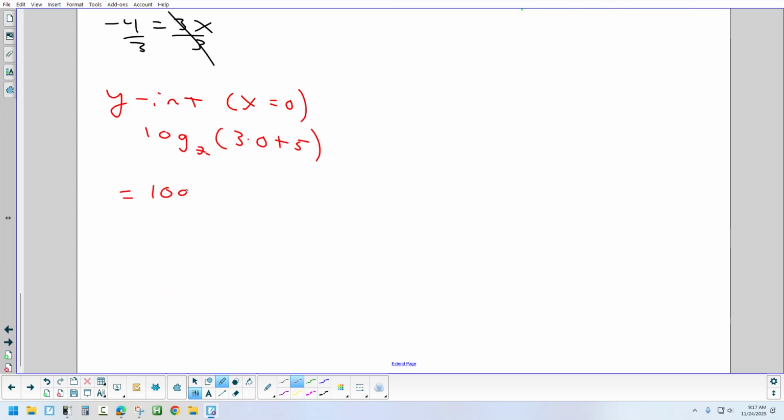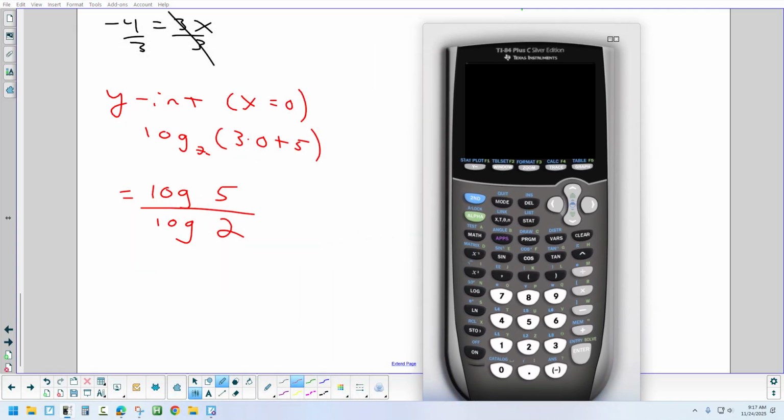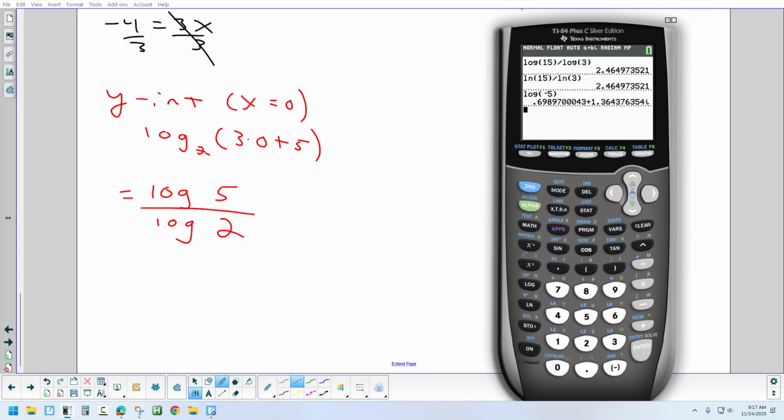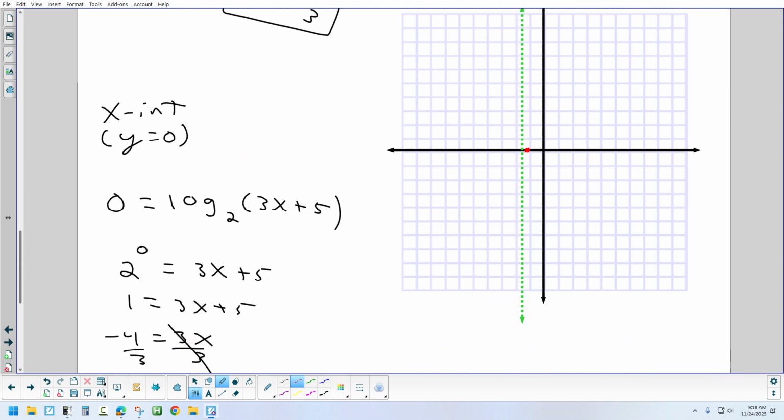That's going to be log of the argument, which is 0 plus 5, divided by log of the base. That is your y-intercept. Log 5 divided by log 2. So we got a y-intercept of 2.32. For graphing purposes, a little bit above 2, right there.